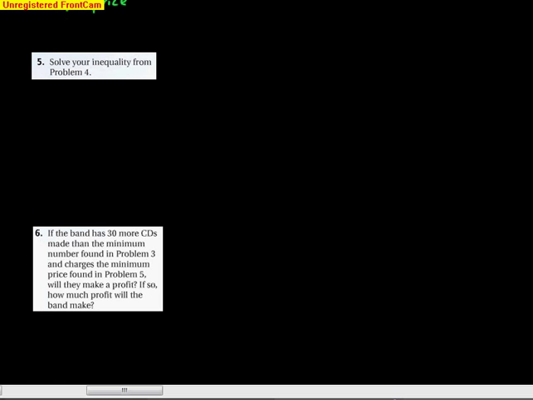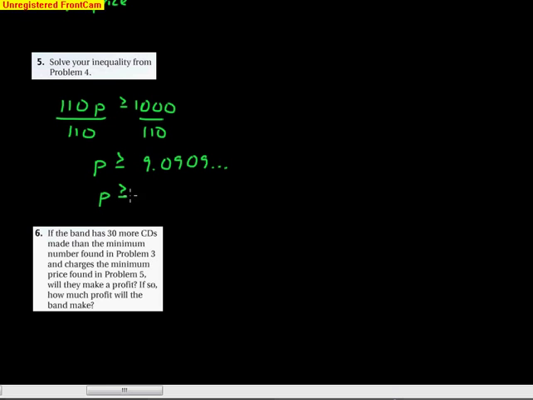Okay, so now it says solve your inequality from part 4. So 110 times the price must be greater than or equal to 1,000. I'm going to divide by 110, divide by 110, and P must be greater than or equal to, when I divide that out, I get 9.0909 and so on. I'm going to round up because P must be greater than that, so P is greater than or equal to 9.09.